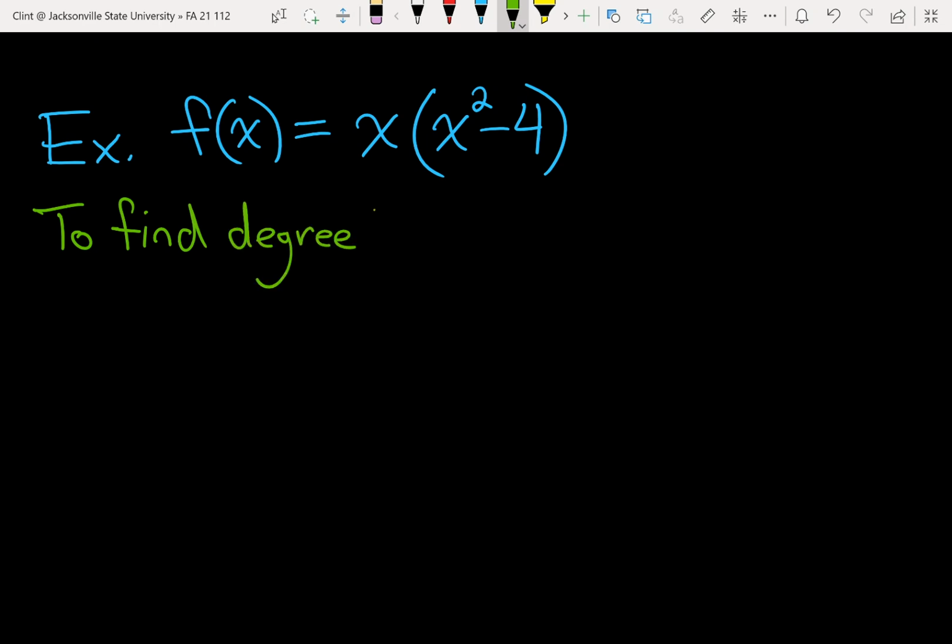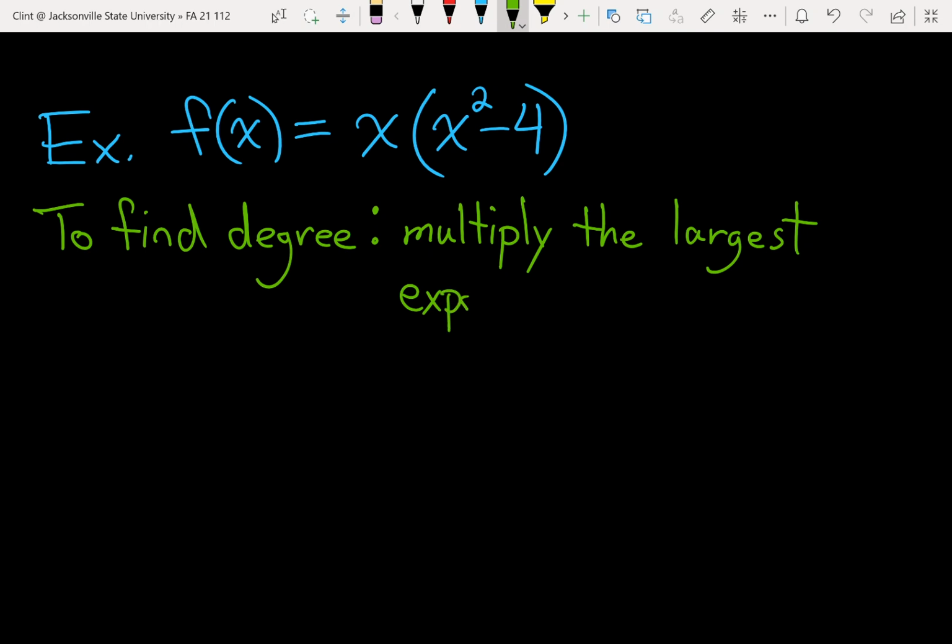And if we're in that situation, what we're going to do is multiply the, I'm going to call it the largest exponent term in each factor. And so what do I mean by that?